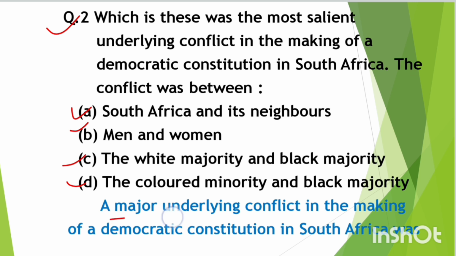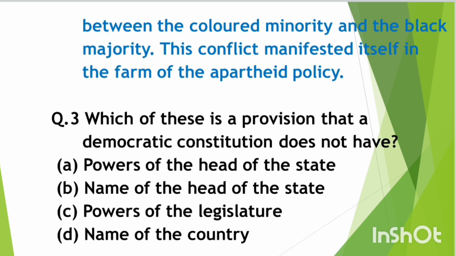Answer: A major underlying conflict in the making of a democratic constitution in South Africa was between the coloured minority and the black majority. This conflict manifested itself in the form of the apartheid policy.